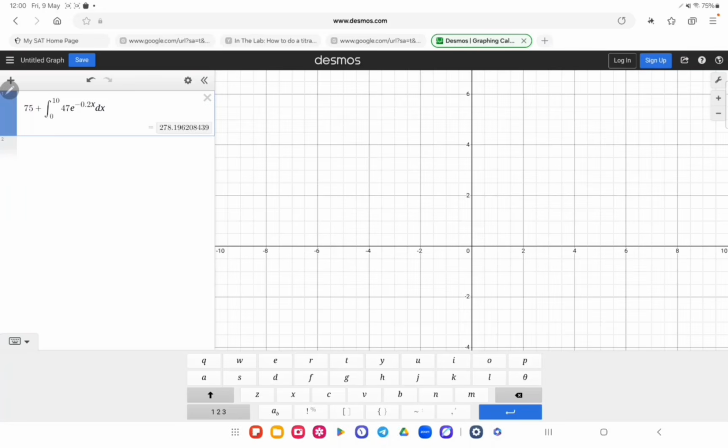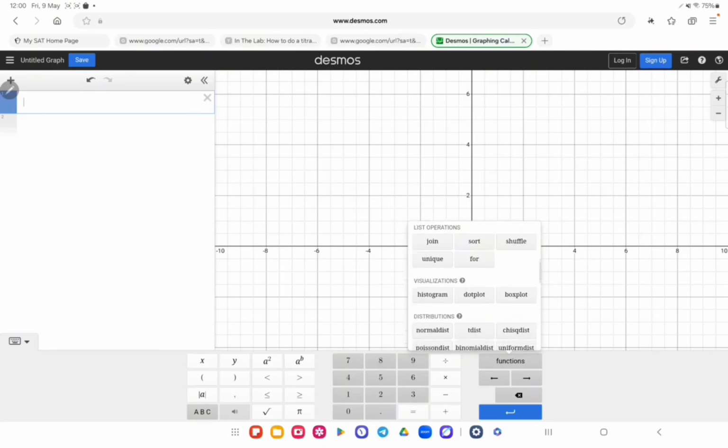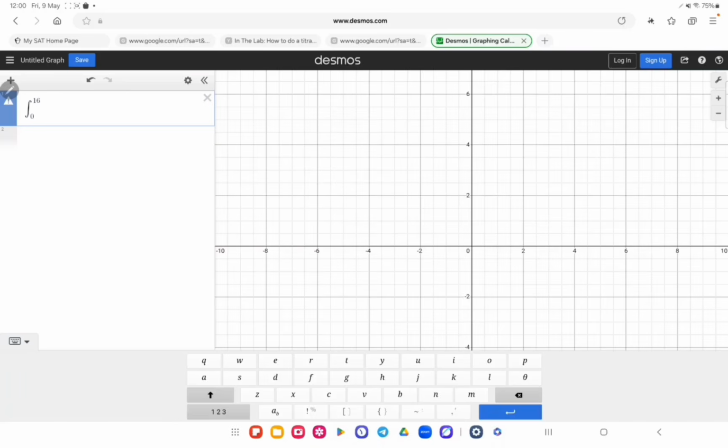So on Desmos here, let's just do integration. So go to functions, int, from 0 to 16, pi over 2.